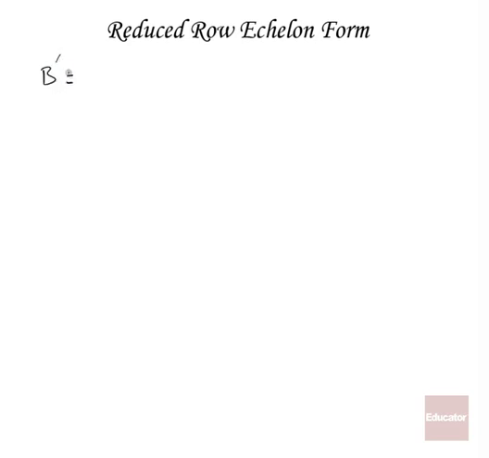Let's take B prime, 1, 0, 3, 4, 0, 2, minus 2, 5, 0, 0, 1, 2. Okay. In this particular case, we take a look at the 1. The rest of the entries in the column are 0.